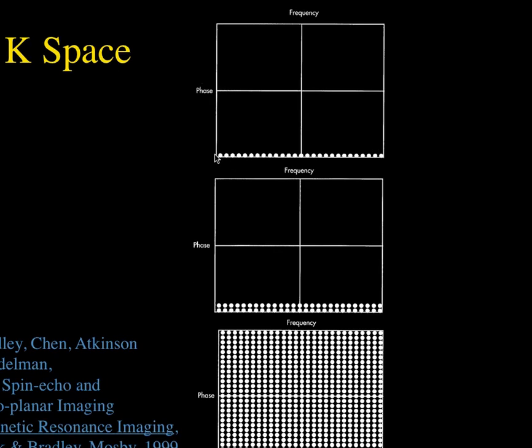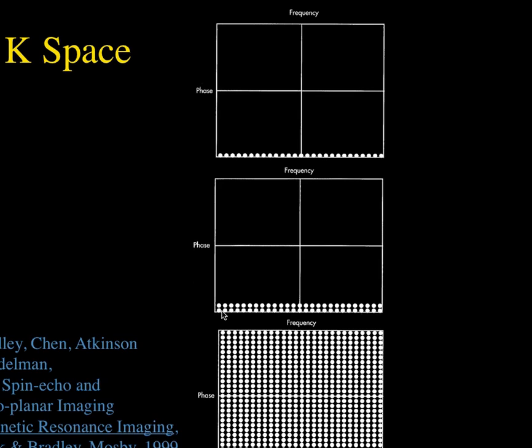So with one 90-degree pulse, we then fill one line of K-space. Then we wait a TR, we do another 90-degree pulse, and we fill the next line of K-space. And we keep doing that, changing the phase encoded gradient, until we completely fill K-space. So in the old days, we'd do like a 192 by 256 matrix.